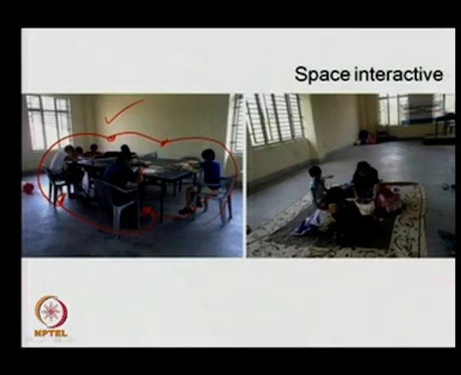Whereas with floor sitting, it sometimes increases the interaction, where the teacher can meet students easily. So, sometimes the furniture provides better opportunity, and some other time, without furniture, the floor sitting arrangement also increases the interactivity. For that, this type of body dimensions are necessary to measure.